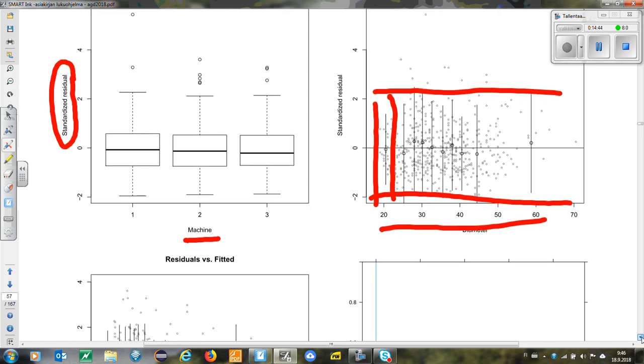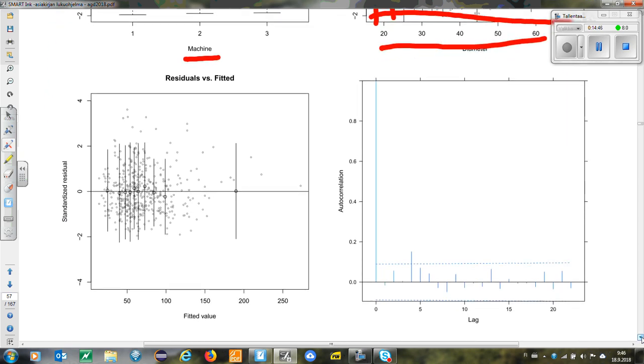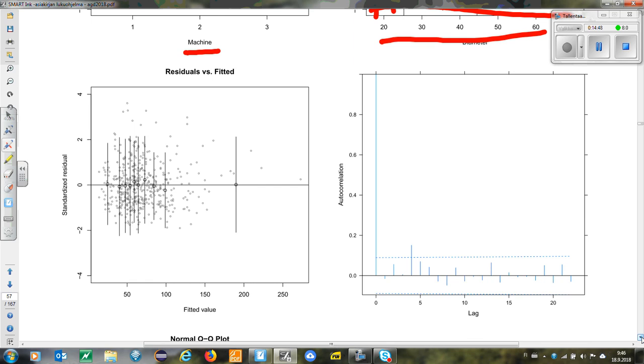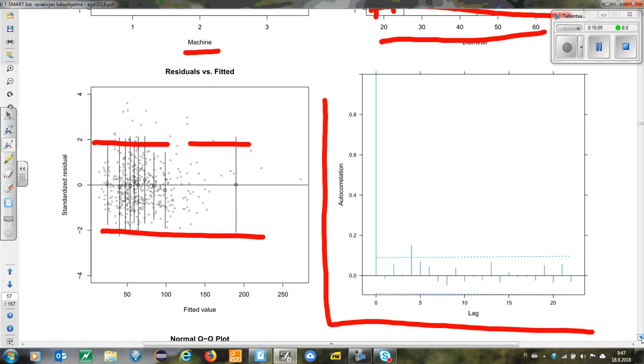And then when we plot the residuals with respect to fitted, we see the same thing here, so there seems not to be any heteroscedasticity in the Pearson residuals. And finally, here is the autocorrelation plot about the model where we used model 3, and we see that now at lags 1, 2, and 3 the correlation is very weak.